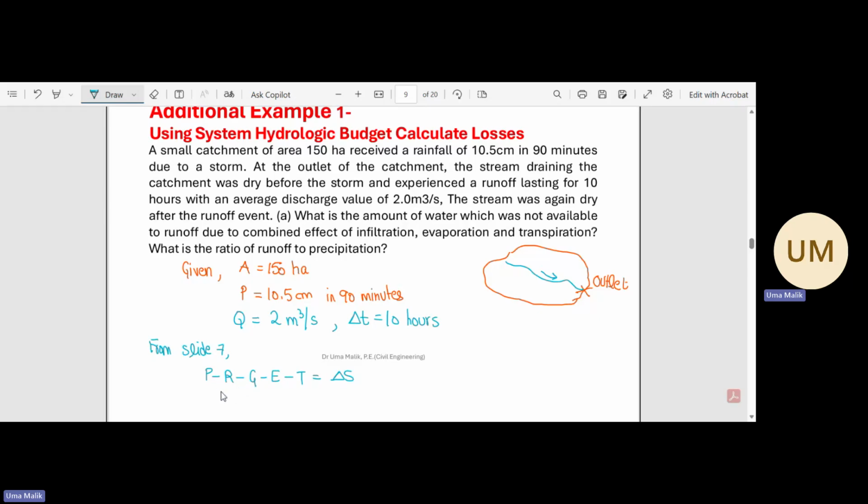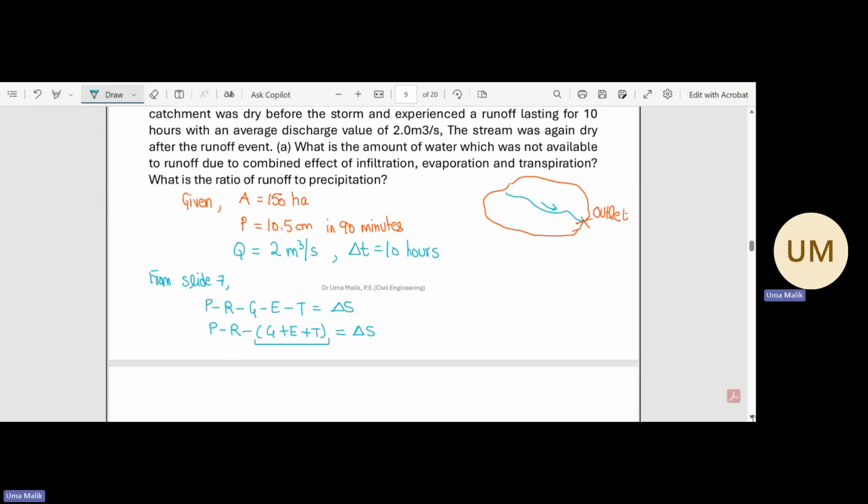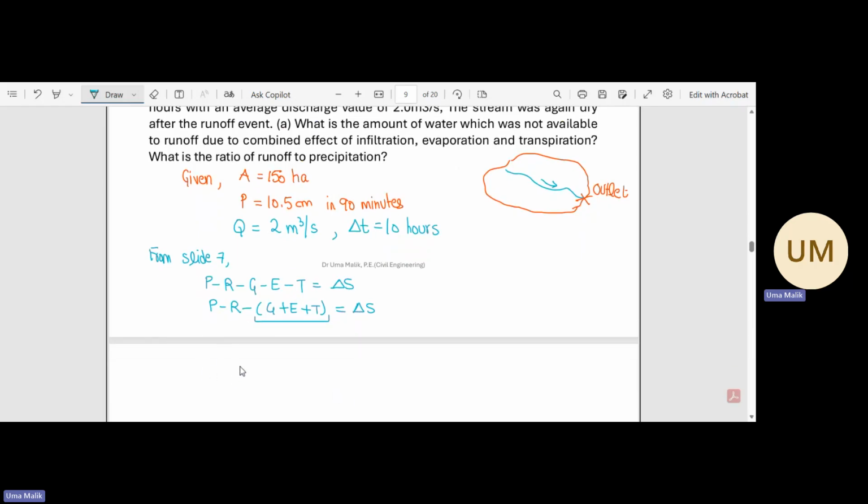Whatever is not available to the runoff, that is G plus E plus T, because this part of the budget equation is not available to the runoff. So I need to calculate losses, which is L equal to G plus E plus T.